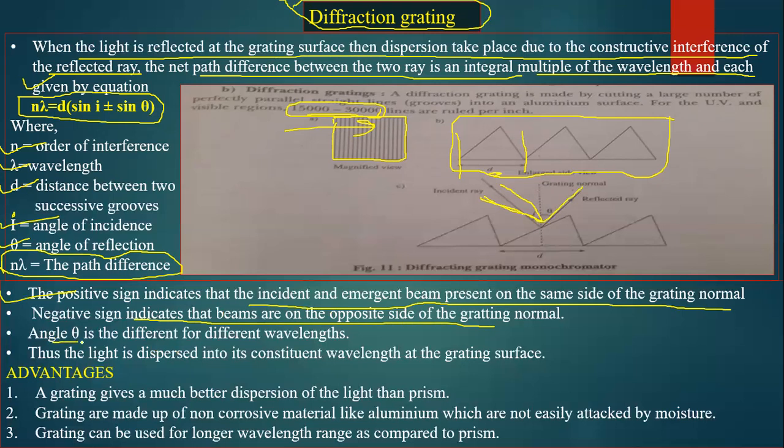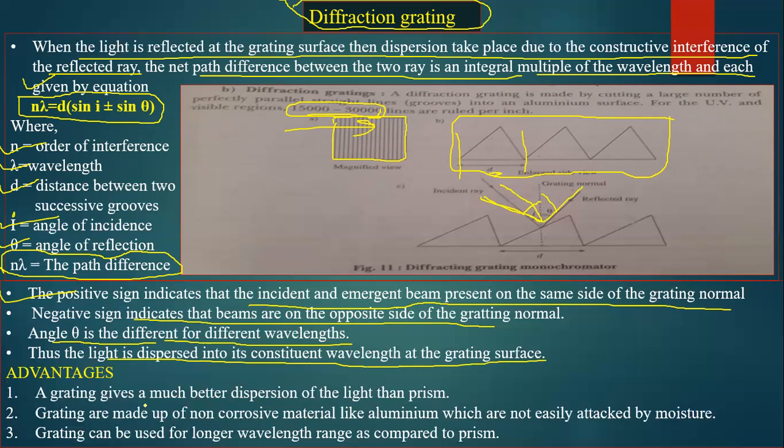So angle theta is different for different wavelengths. i is the angle of incidence and theta is the angle of reflection. Thus the light is dispersed into its constituent wavelengths at the grating surface.